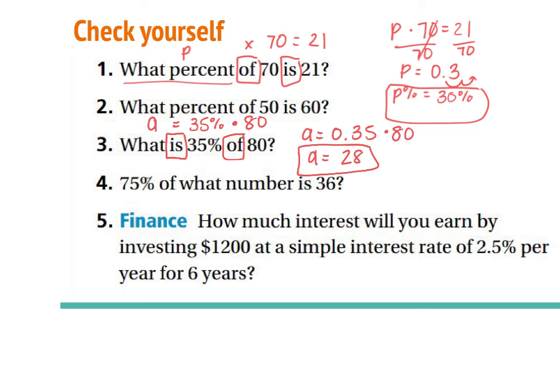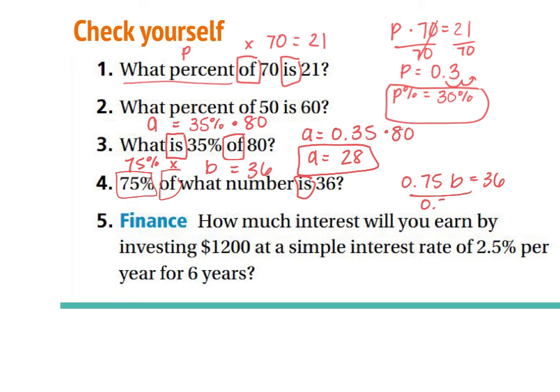Okay, 75% of is going to be multiplication. What number will be our variable? Let's make that B. Is going to equal 36. 75% times B equals 36. That would be 0.75 times B equals 36.